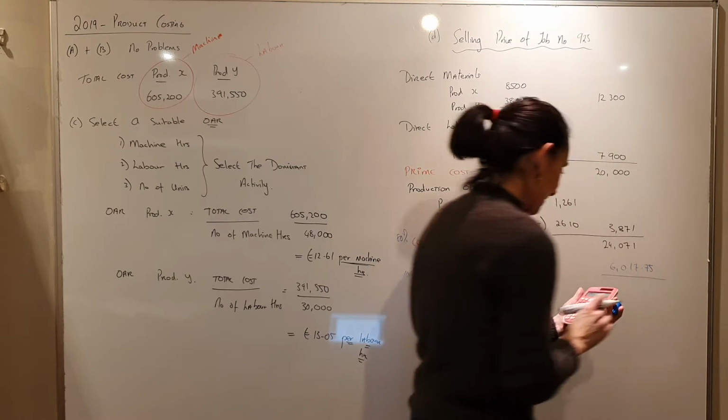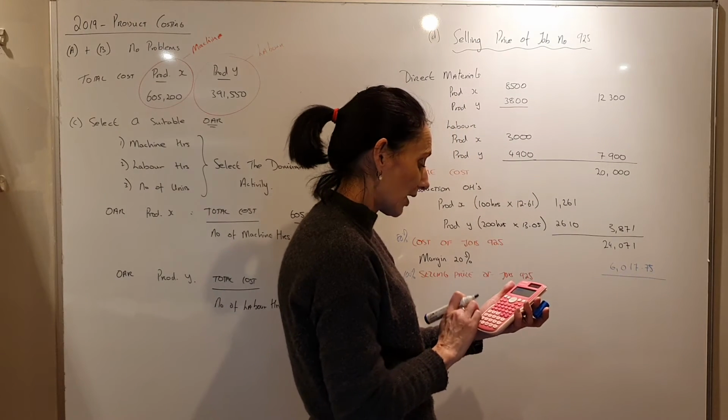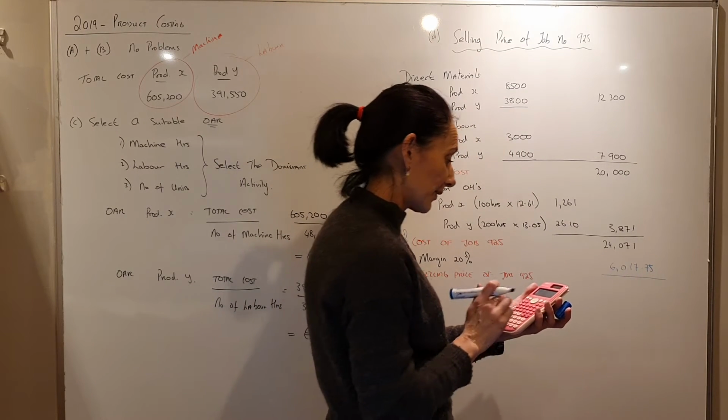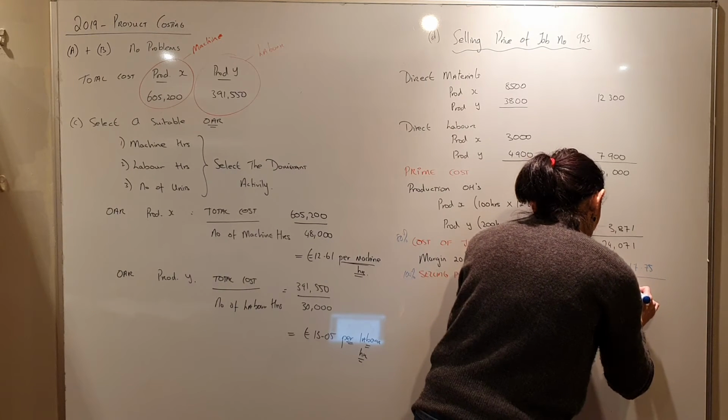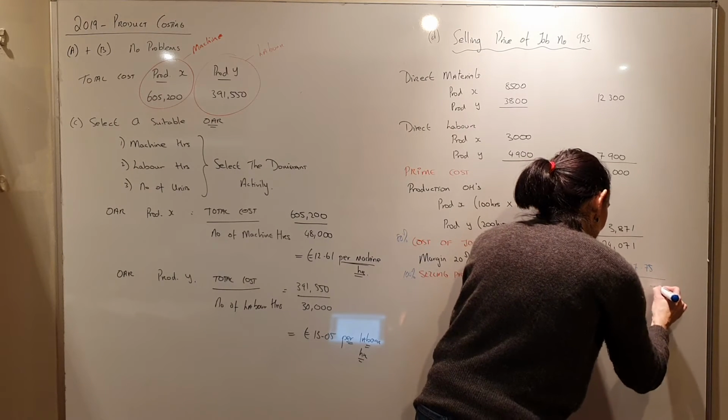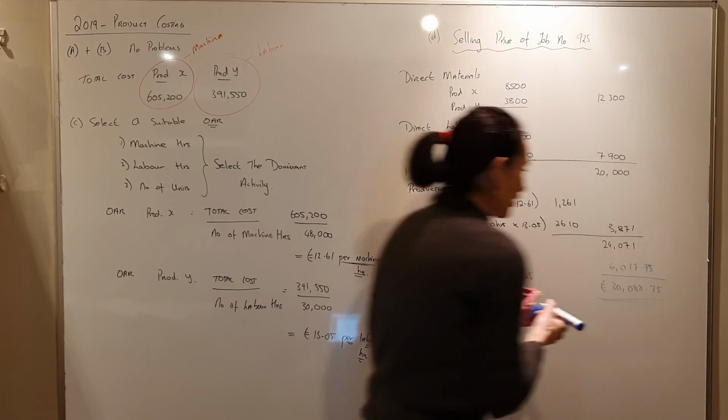Add the two of them together and you get the total cost of this job. So you will quote that figure if someone wants that job.